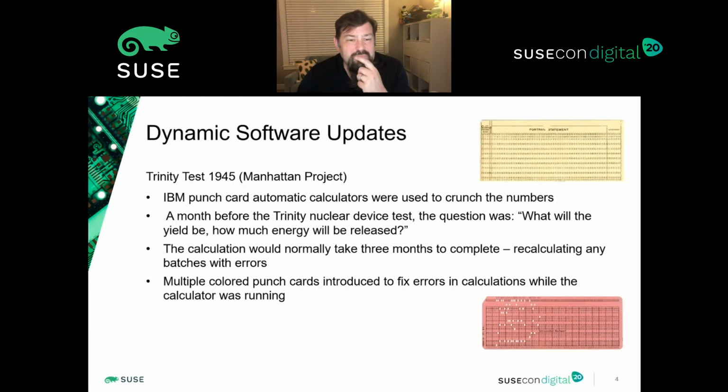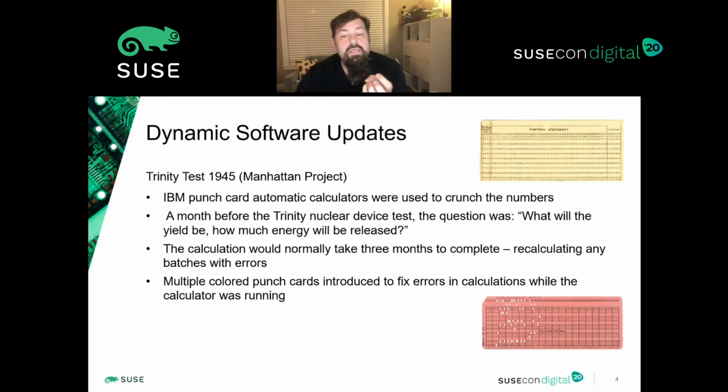So now, dynamic software updates, really just the generic term for kernel live patch, has really been around for a while. Everybody loves this concept of, can I deploy a patch to the environment without having to restart the process? You know, even back in the 1945 timeframe, nobody wanted to restart the process.